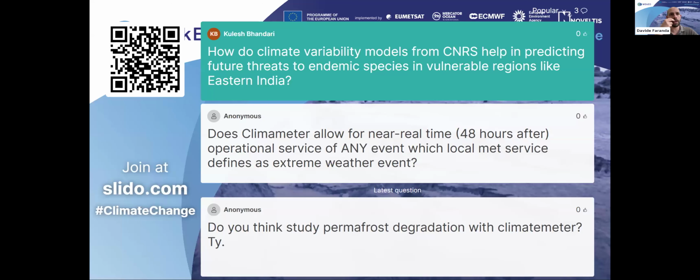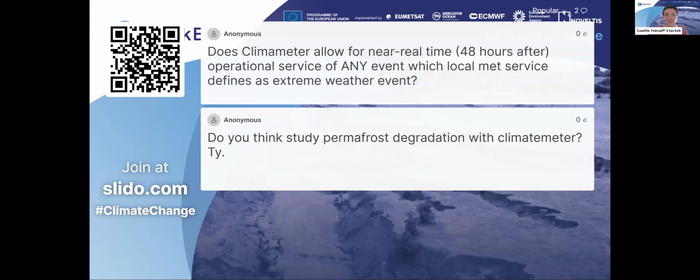But for the moment, we have not done it. We can foresee how to do it, but this is also part of the things that we are currently developing in my team here at CNRS, and not for these specific studies, but yeah, definitely you can use the analogs also for doing projection.